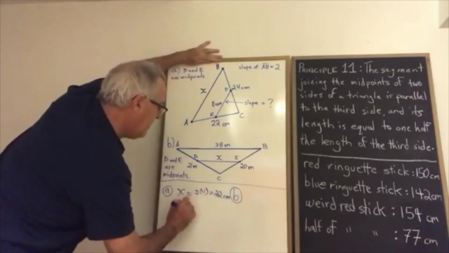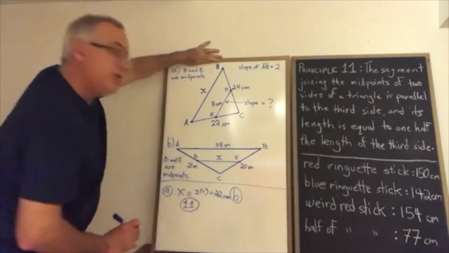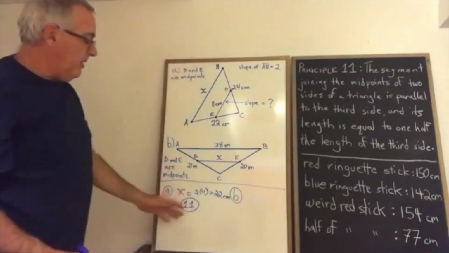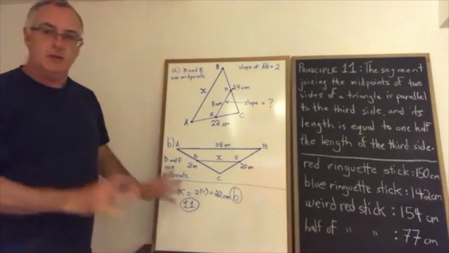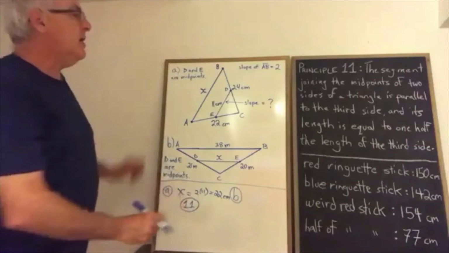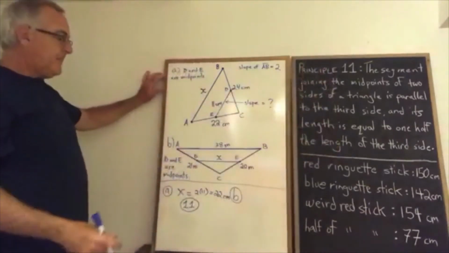But I say 11. I show the teacher who's correcting the question that I'm applying Principle 11. The point of having the numbered list of principles is so that you can do this. Just write an 11 with a circle around it to make sure that I notice it when I'm correcting, because it stops you from having to copy out this entire long sentence.